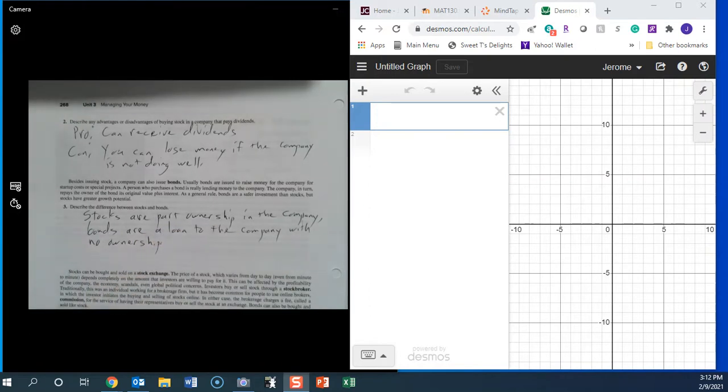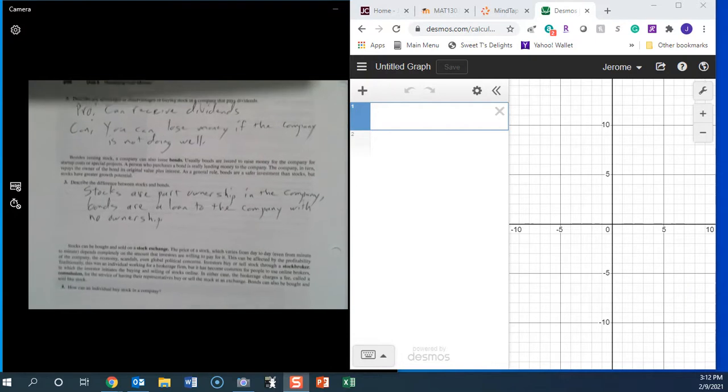Now, there are a lot of other differences, but these are the main ones here. When you buy stock, you're a part owner. When you buy a bond, you're just basically lending money to the company with no ownership.